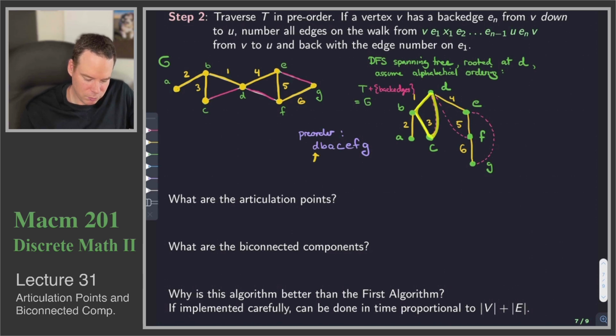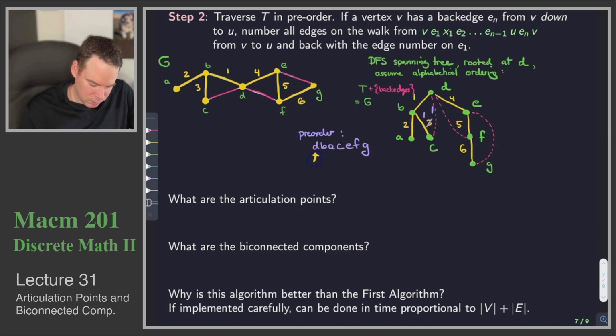The number that's on the first edge of that walk, which is number 1 in this case, use that to update all the other numbers along that walk. So 1 is our first edge number. So that means this one is going to switch from a 3 to a 1. And our back edge also gets the number 1. And that's it.